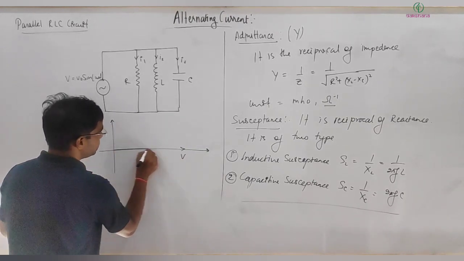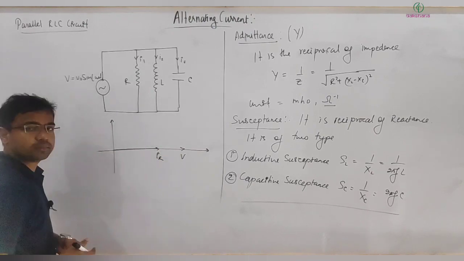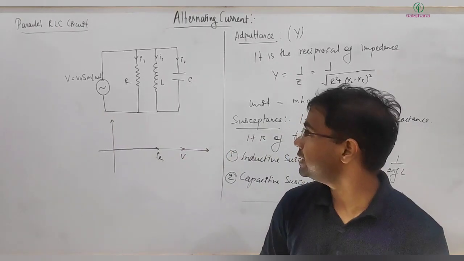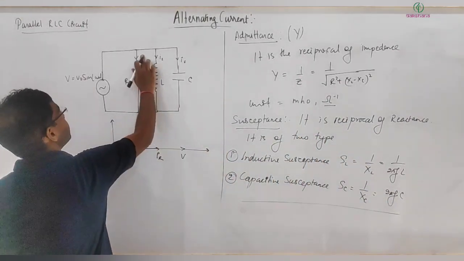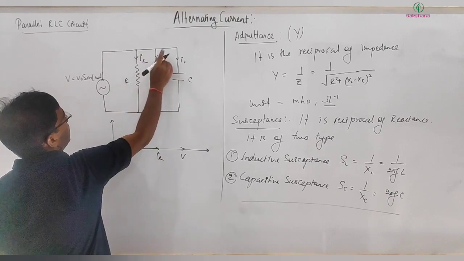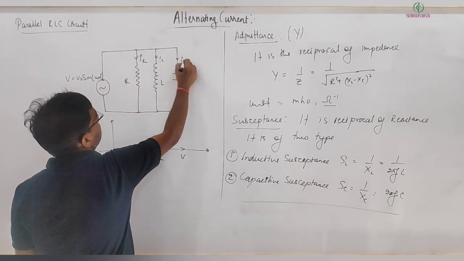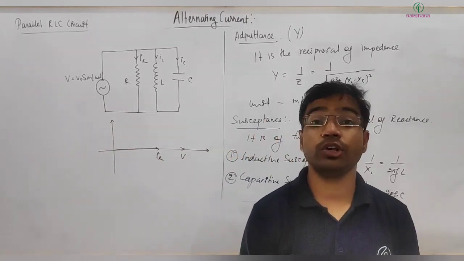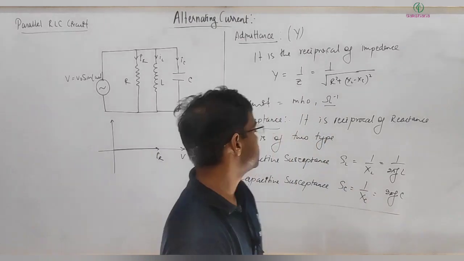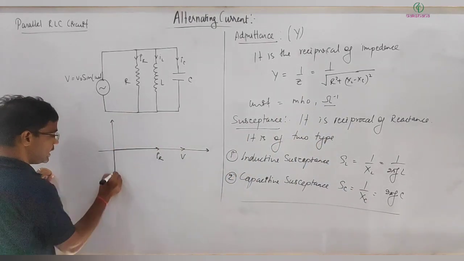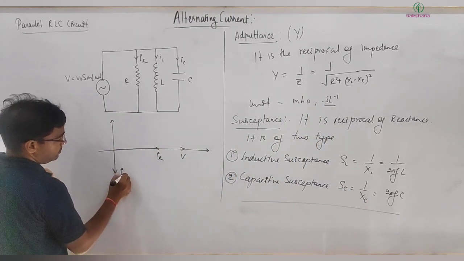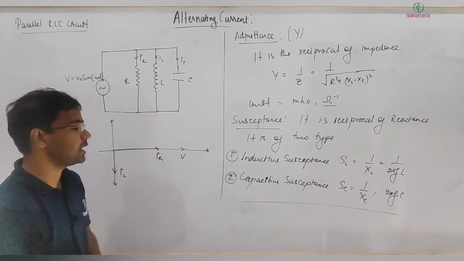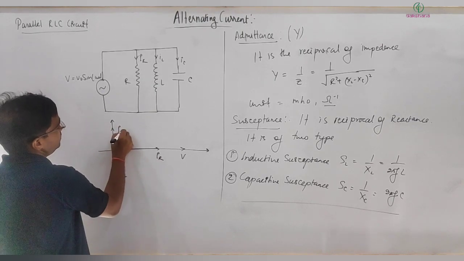Now IR, that will be simply along V. What about current across inductor? Instead of I1, I2, let me write IR, IL, IC. So what about IL? In case of inductor, voltage leads, correct? Voltage leads means current lags, so your IL should be here. In case of capacitor, current leads, voltage lags, so current should be leading, so it should be IC.